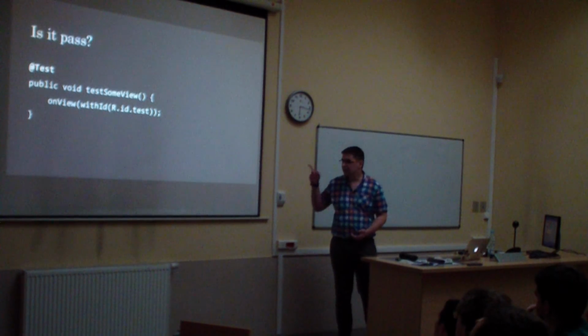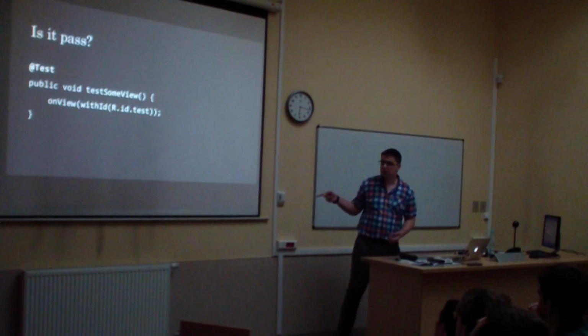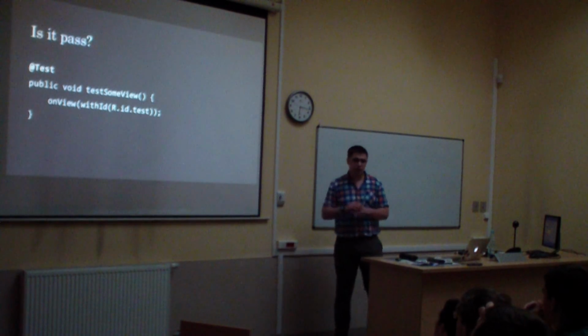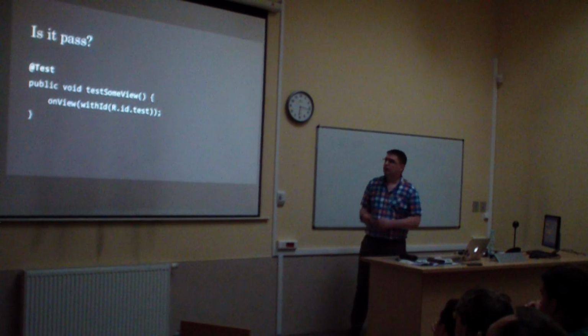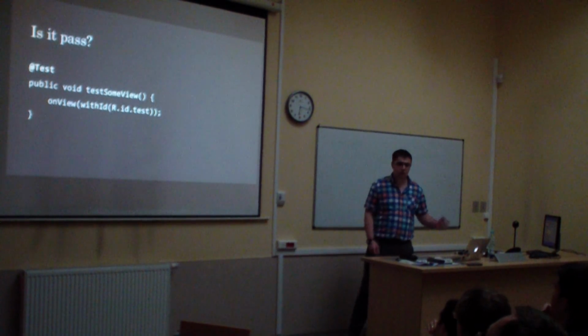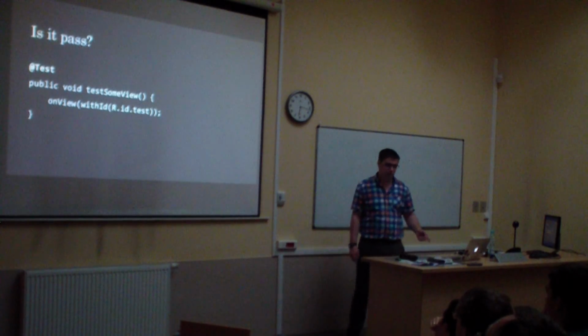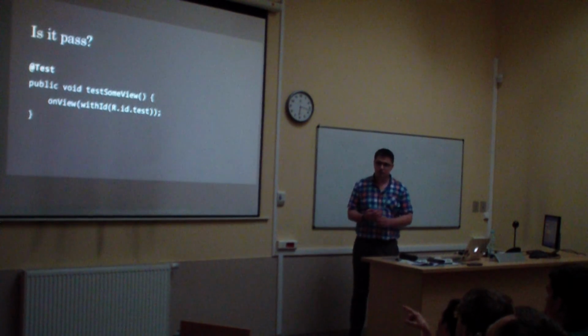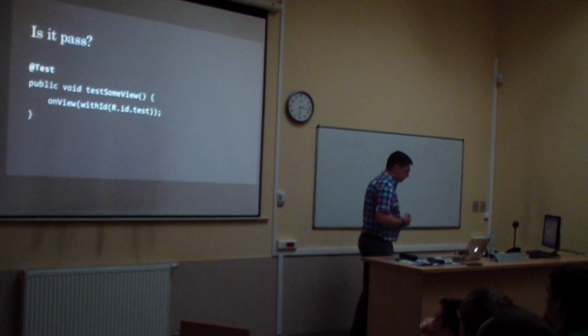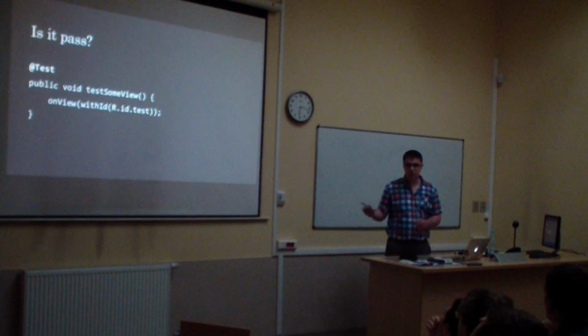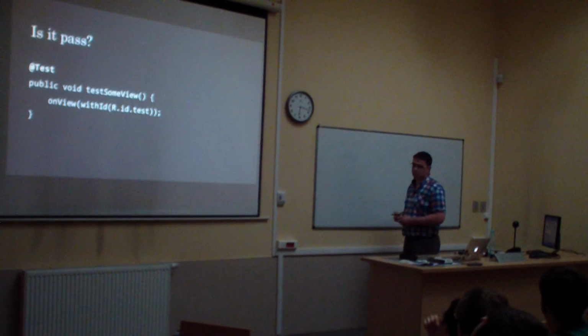But if you finish on just onView, this test verifies nothing, and you always must add some action or some verification for the view. But when the page doesn't contain the ID, this code will also pass? Yes. Yes. The same.